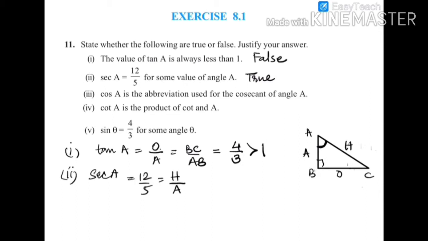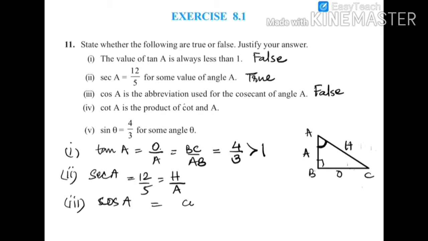Third part, cos A is abbreviation used for cosecant of angle A. This will be false. Cos A is abbreviation for which ratio?